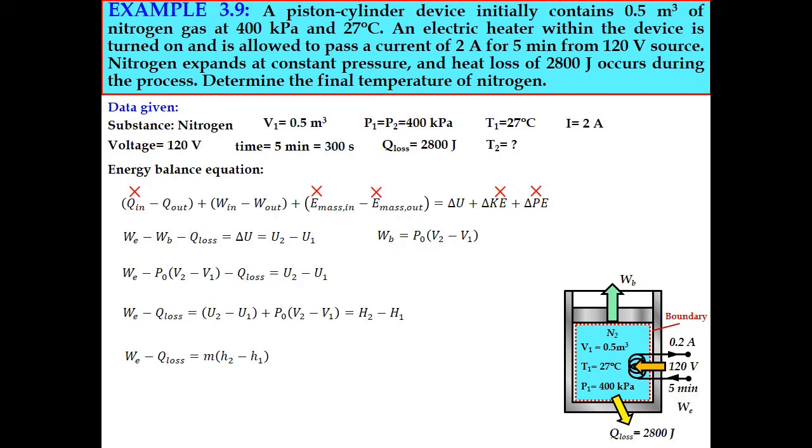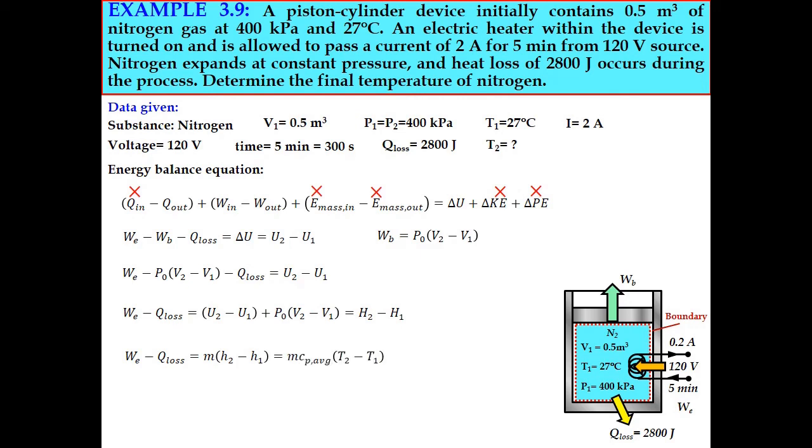Now we want to use the specific enthalpy, with the symbol small letter h, and we need to involve the mass of the nitrogen. So WE minus Q loss equal to m multiplied by h2 minus h1.